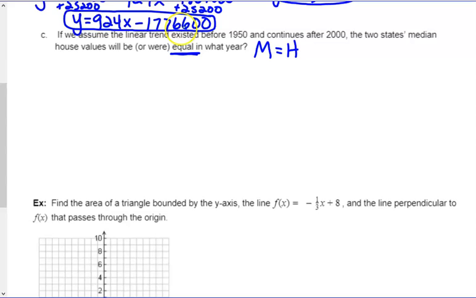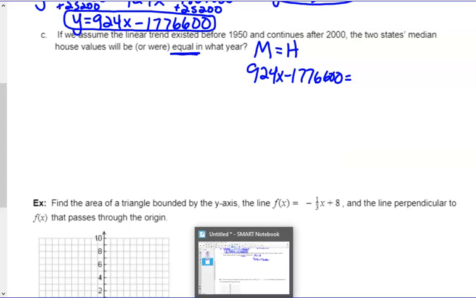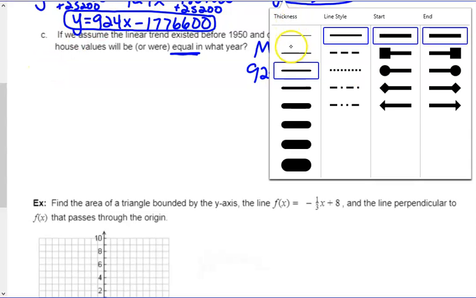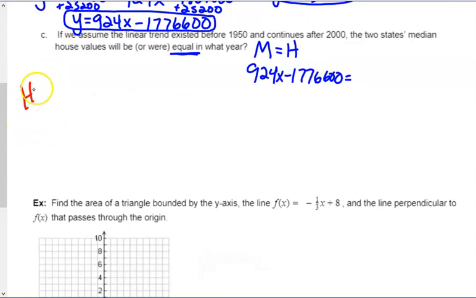Now, that's fine and dandy. I have part of that. 924x minus 1,776,600 is what I have for Mississippi, but we've yet to do that for Hawaii. So let's change that by finding that equation for Hawaii.